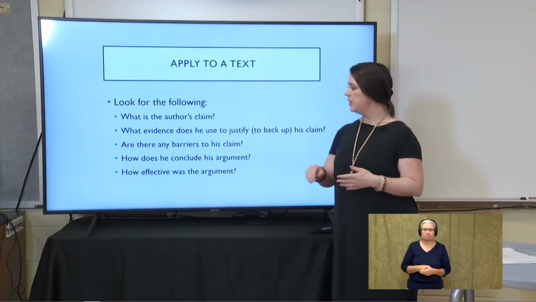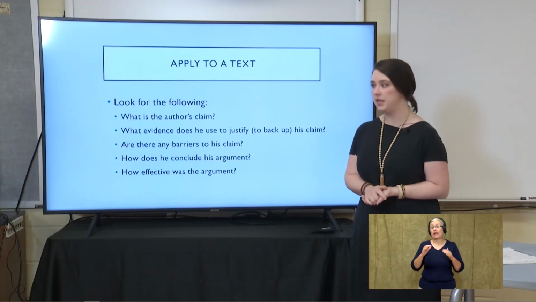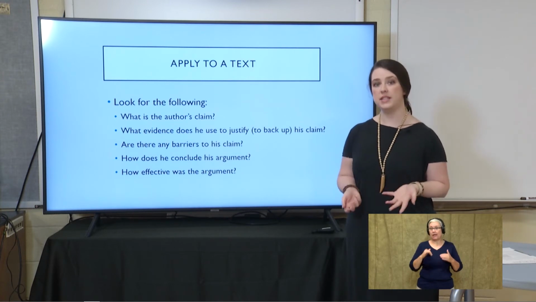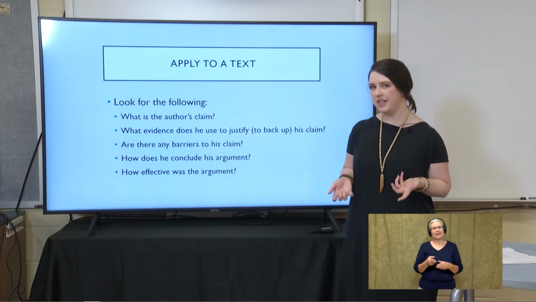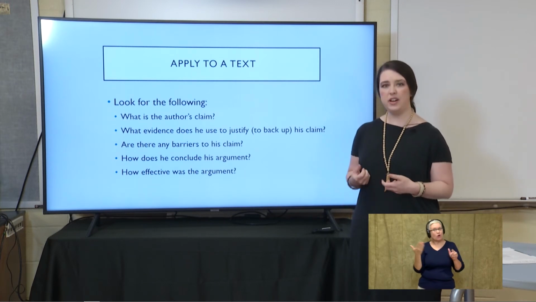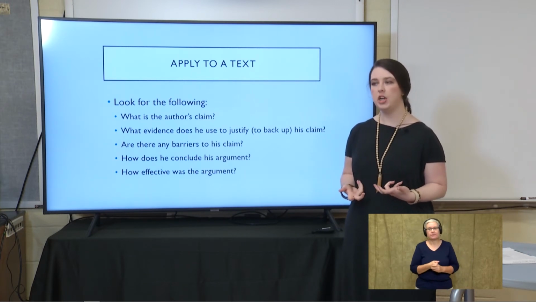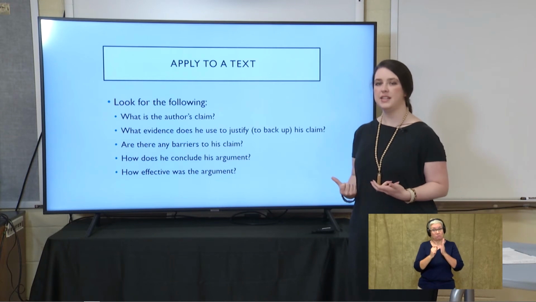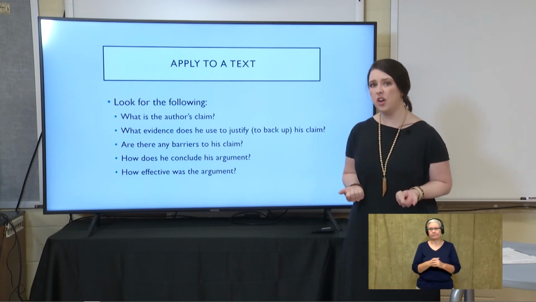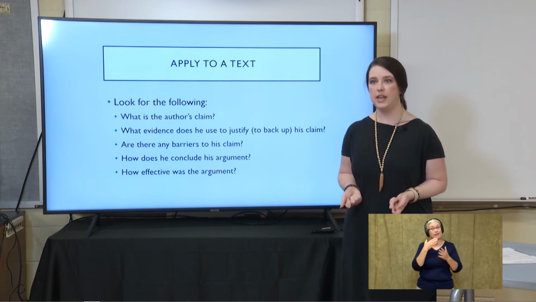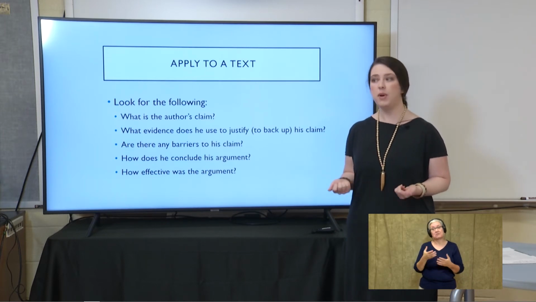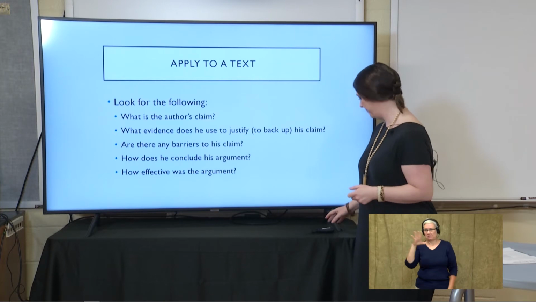I also want us to look at how he concludes his argument and how effective that argument was, okay? It's a very short text, and that argument is there. There is some strong writing here, and we're going to look at that text. I want us to look at, does he accomplish his purpose? And does he accomplish it well? Okay, and a lot of times that's opinionated, but you can come up with a good answer, okay?